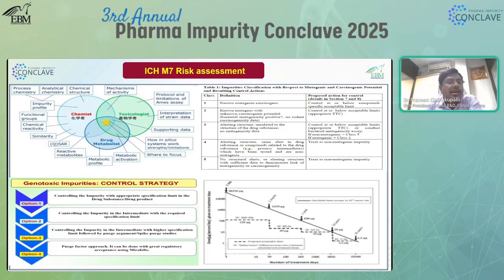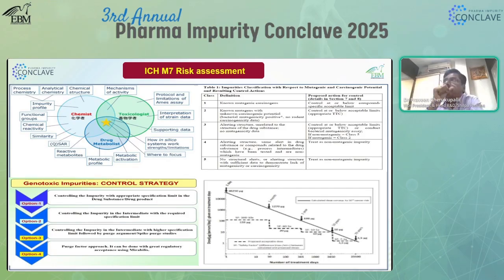Afterwards, we can use the purge factor or purge approach, purge studies, to control the impurity in the final. So we can have a relaxed limit in the intermediate and conduct the purge studies and prove that this impurity will be completely purged during your manufacturing controls. Then by that, you can have the relaxed limit for these impurities in the intermediate stage.